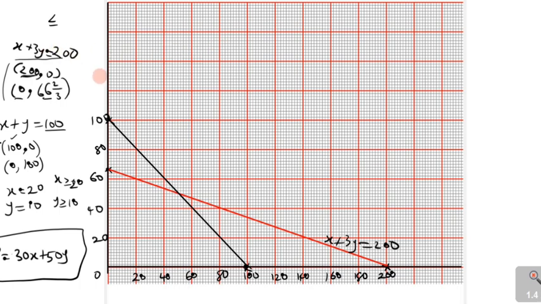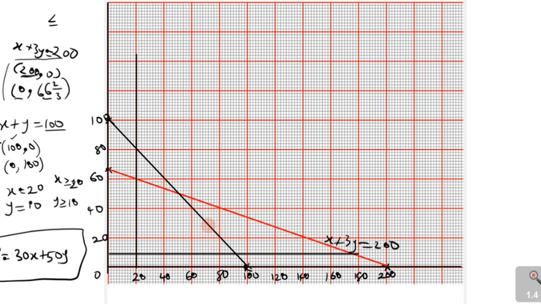Next, we'll draw the line of x is equal to 20. So this would be 20. So this is the line x is equal to 20. Then I'm going to draw the line y equals 10. So that should be the midpoint of this. So this is y equals 10.